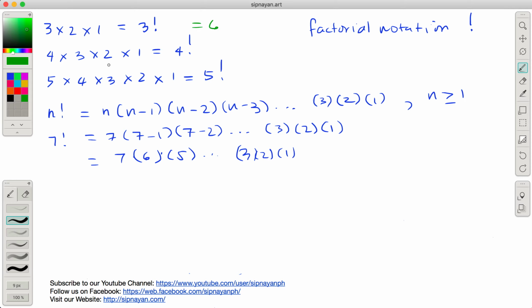This is equal to 24. 4 times 3 is 12 times 2 is 24 times 1 is 24. And 5 times 4 is 20, 60 times 2, 120. Okay?